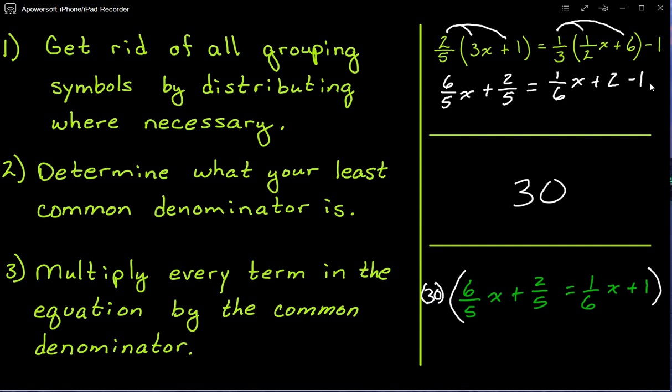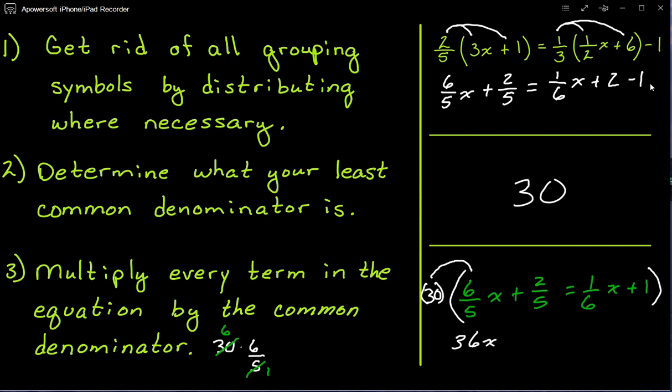Now, multiplying by 30 means we're going to multiply 30 times this first term. Now, remember that 30 times 6 over 5 means that we can cross-reduce the 5 and the 30. 5 goes into 5 once, 5 goes into 30 6 times. Now we have 6 times 6, which is 36x.